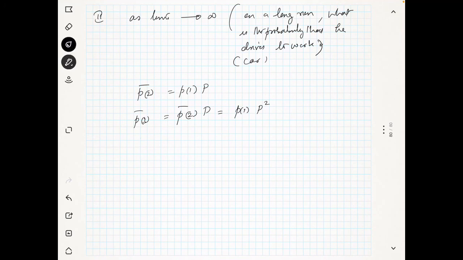Now, P6 you can say it is nothing but P5 into P, and P7 on the 7th day means P6 into P, which is nothing but P1 into P power 6. So this is how.